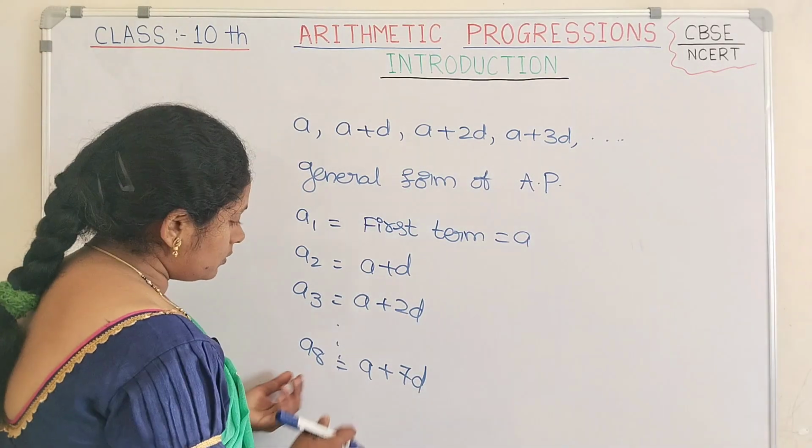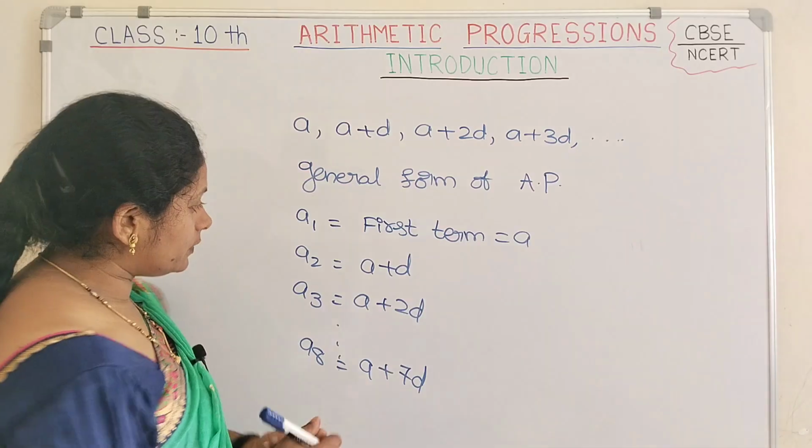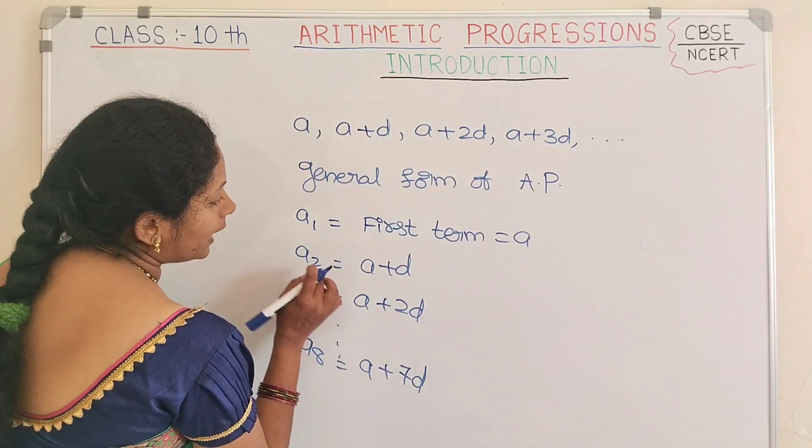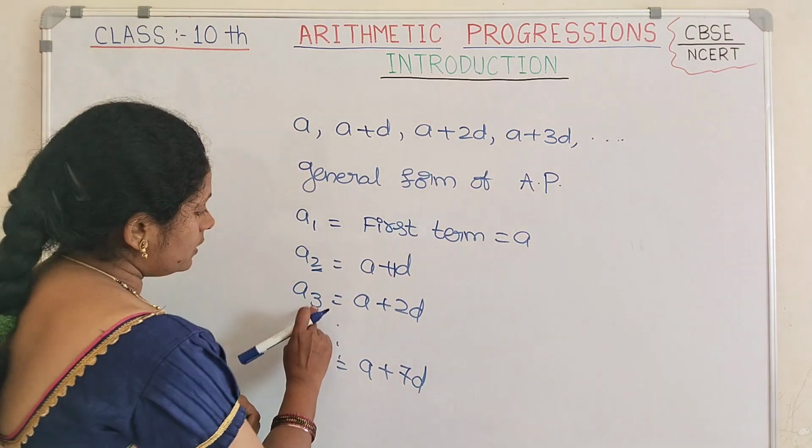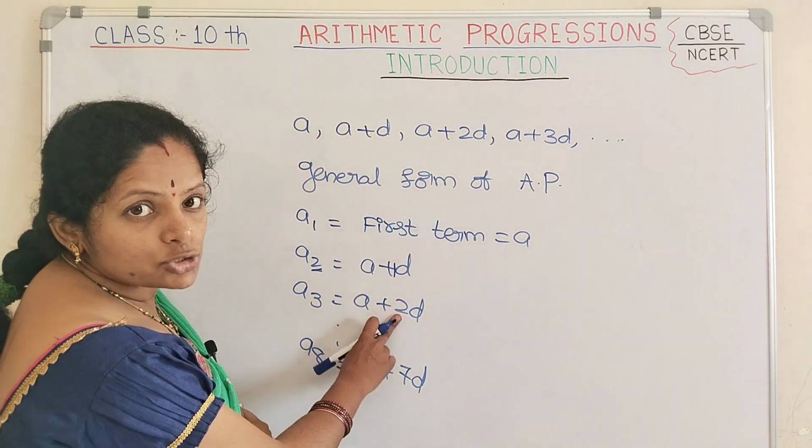If you observe this series, if here is the 2, then here will be the 1. One number will be less. Here is the 3, then here it should be 2.